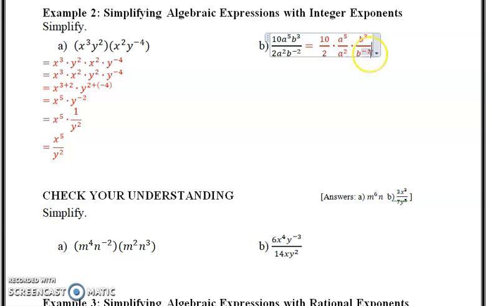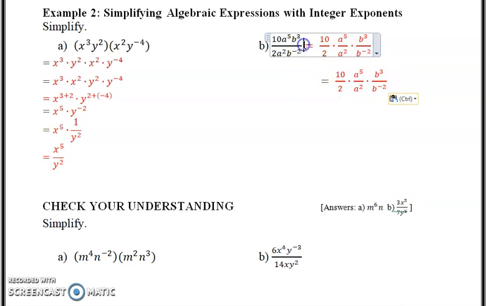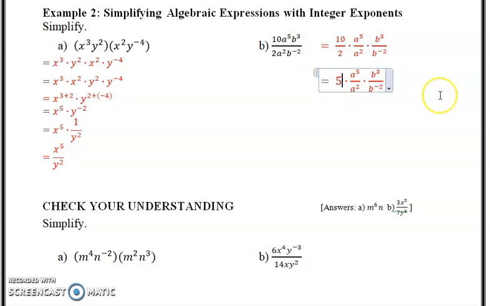So again, this step you might be able to skip as you get a little more comfortable with this, but for now we want to show each individual step as we go. So the 10 divided by the 2 gives you 5. And then remember, when we're dividing, the base stays the same and we subtract exponents.